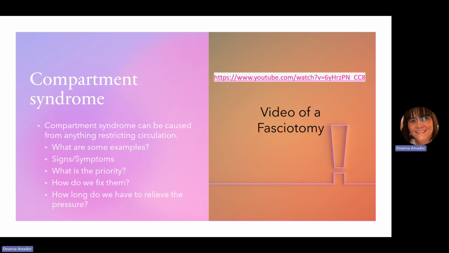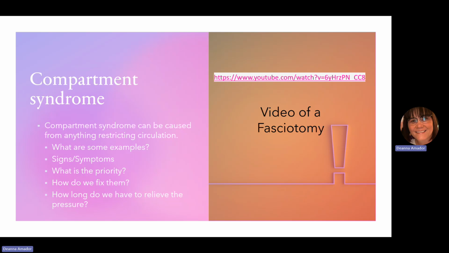It's not good. Paralysis and paresthesia. Did I do them all? Passive pain at rest, along with pressure, paresthesia, pallor, paralysis, and pulselessness. So it's up there in your speaker notes. You can look at them.